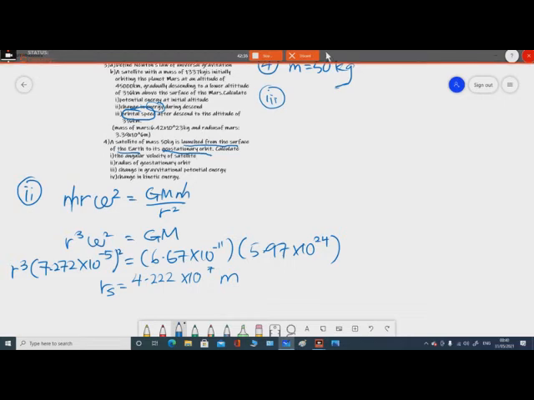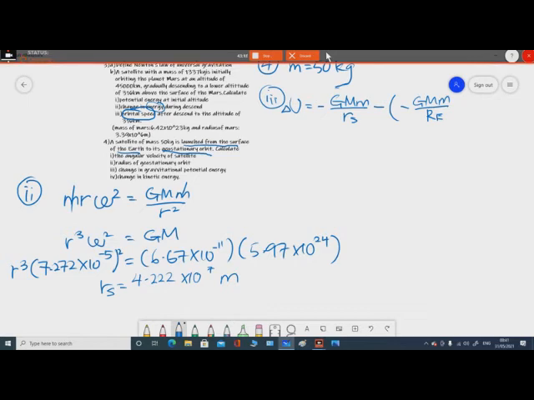We know that the change in gravitational potential energy is the final gravitational potential energy, which is at the stationary orbit, minus the initial gravitational potential energy, which is on the surface of the Earth. So this uses the radius of the Earth.